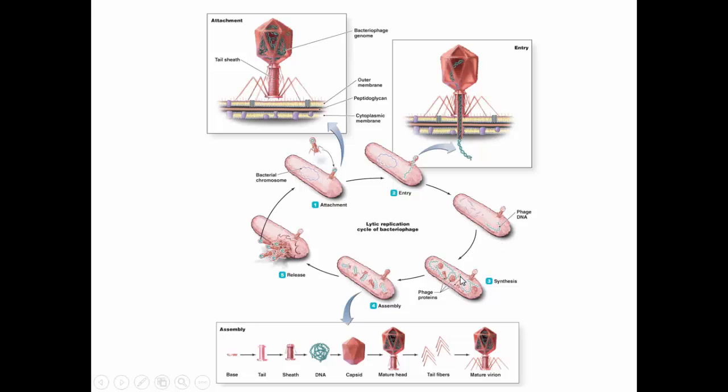Synthesis occurs as we make more DNA and we make all the various capsomere pieces. Then during assembly, all of the capsomere pieces are put together and the DNA is packaged back up and you make a mature virion. At this stage, the cell lyses and these virus particles are released, and each virus particle can now go and infect another bacterial cell.